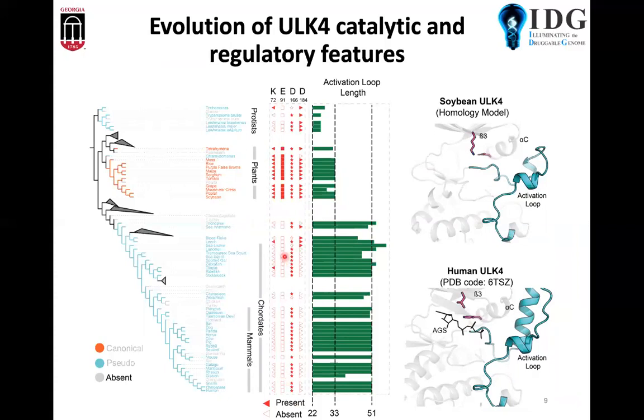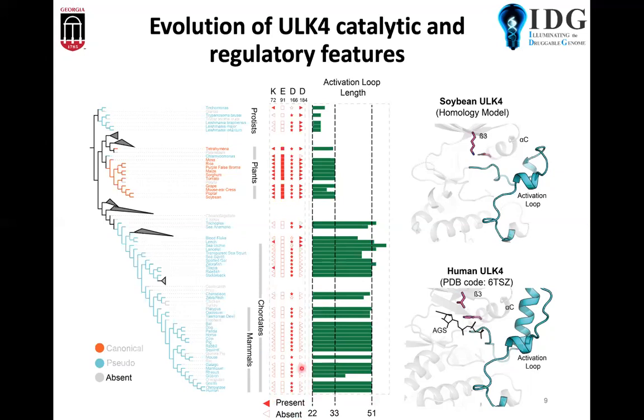In fact, what Safal in my group also observed when he did this broader phylogenetic analysis was that the loss of the catalytic site within mammals and several chordates was strikingly correlated with an extended activation segment in these species.